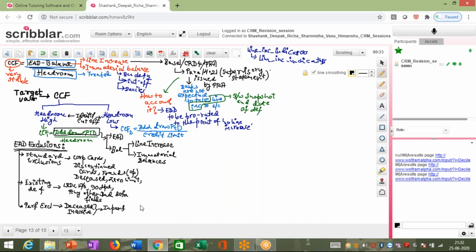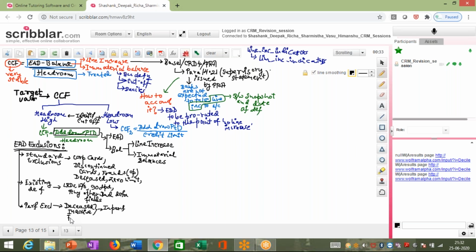Obviously, another important thing is that if there is operational fraud or an operational bankruptcy, then those are records which are to be excluded.